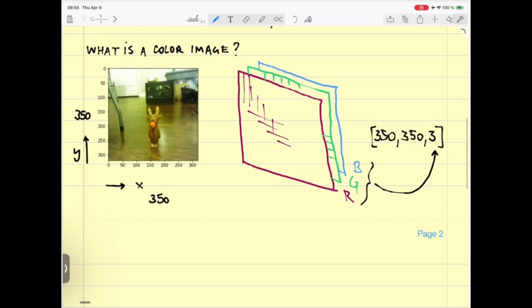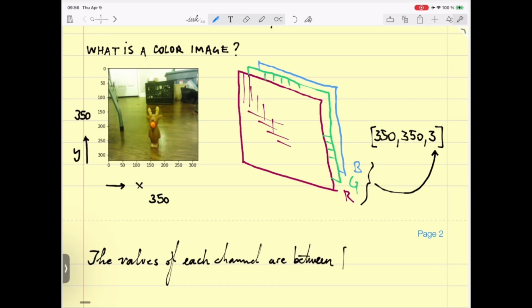The values of each channel are between 0 and 255. So that is 256 positions.